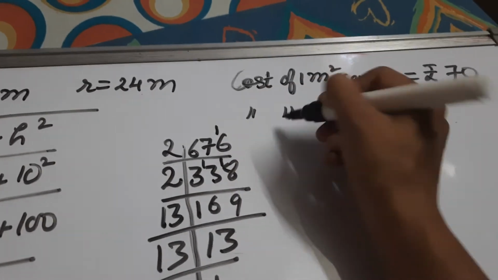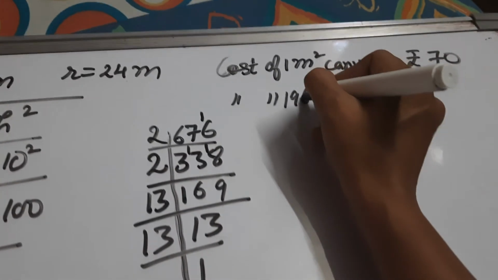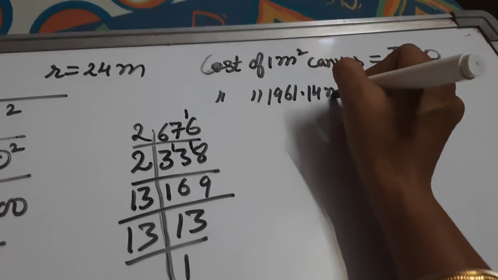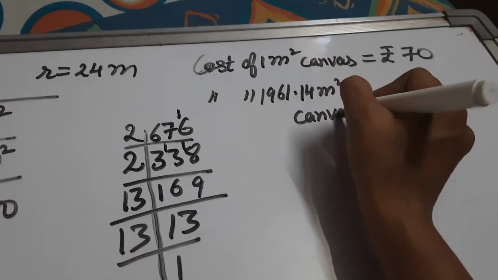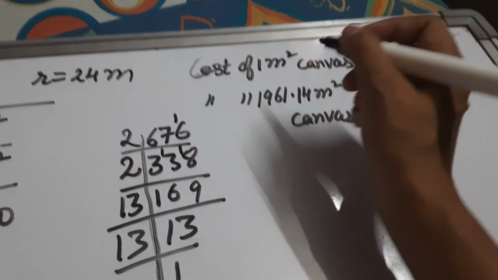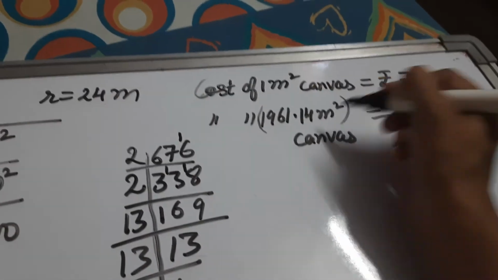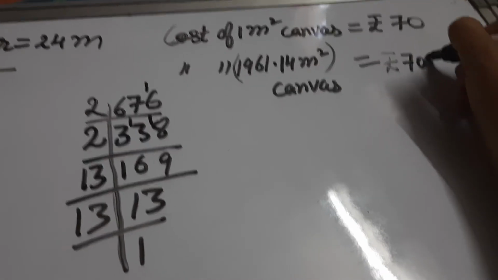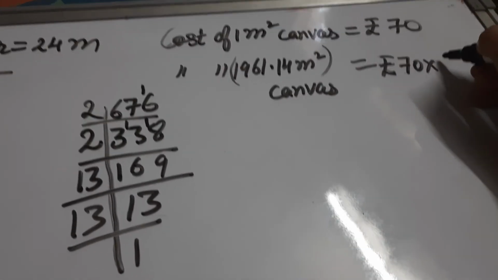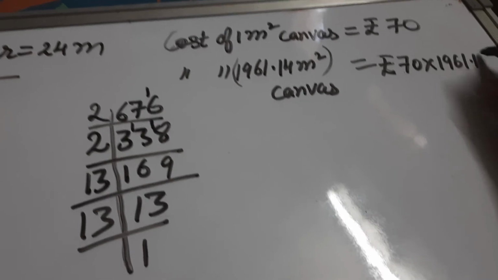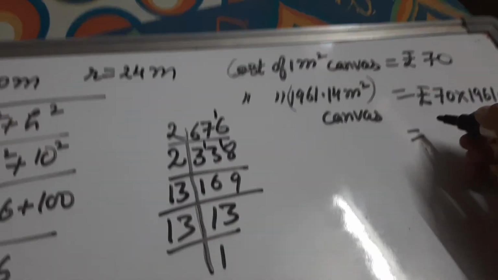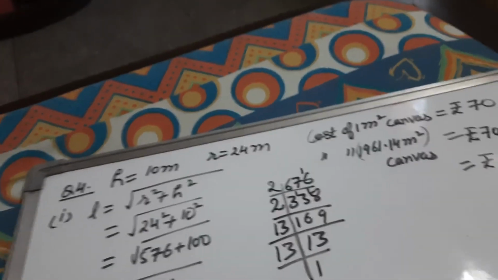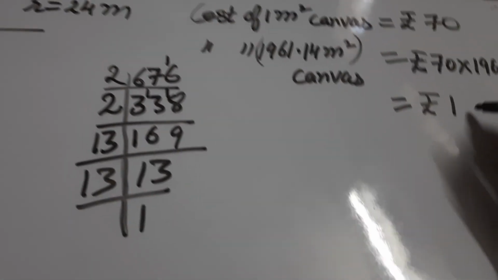So therefore, cost of 1961.14 meter square canvas, what will it be? What do we do? We are going to a number greater than 1, so we will multiply it. So we will get 70 into 1961.14, that is the canvas required, and you will get the cost as rupees 1,37,280.